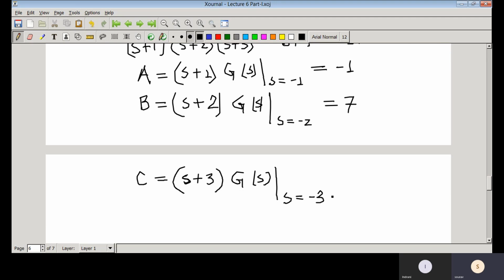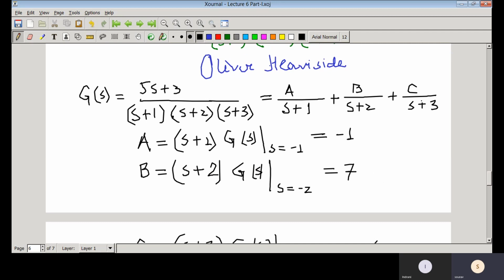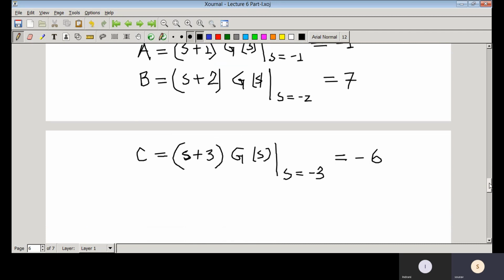The value that you will get is equal to minus 6. So if you write this expression with a, b and c, in place of them we have -1, 7 and -6.